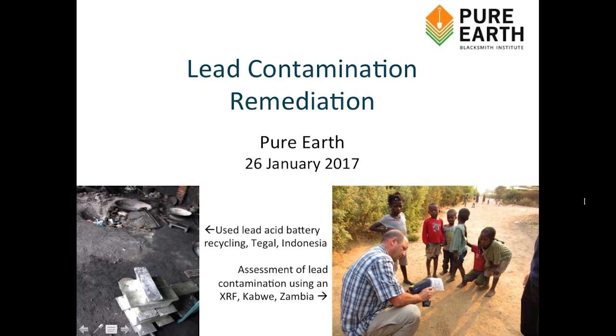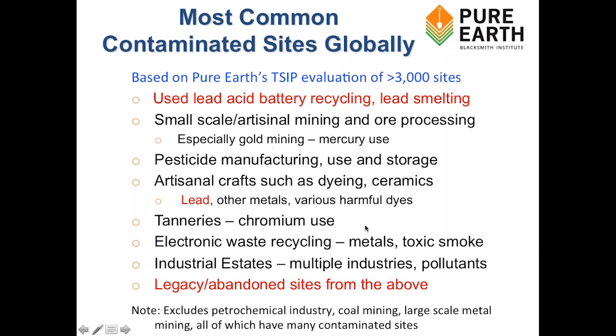Lead contamination, as most of you probably know, is what we in Blacksmith or Pure Earth have found to be the #1 contaminant around the planet for site contamination. This slide shows the major types of contamination sources that we've found in our evaluation of over 3,000 sites.